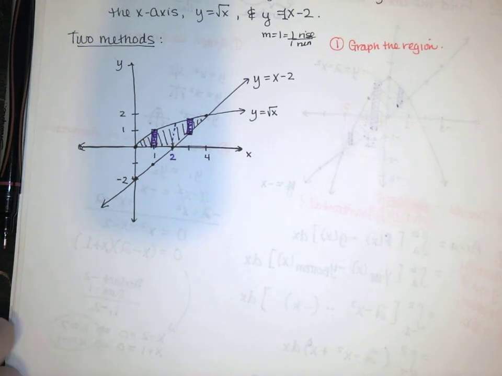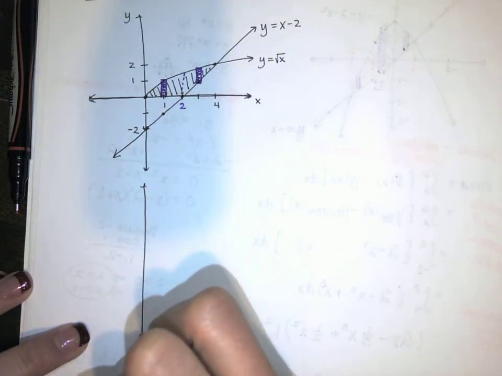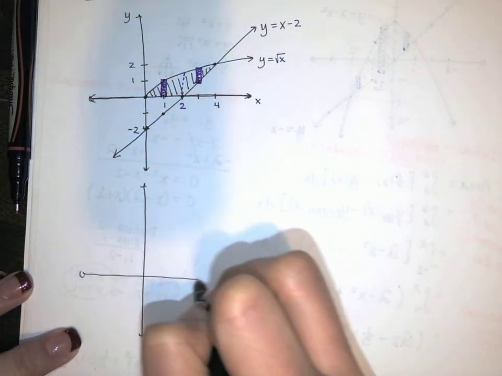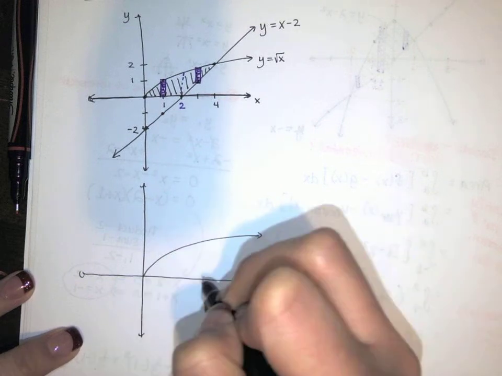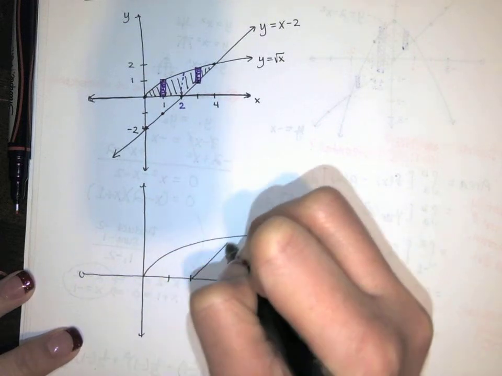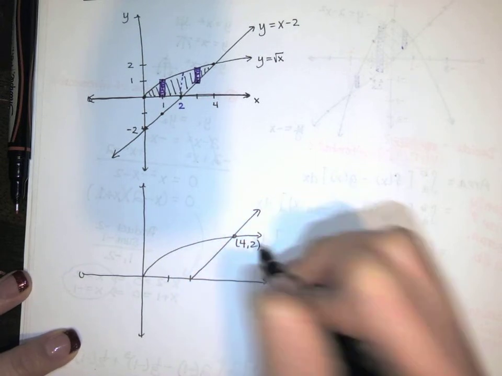Here's our other option. Same region. I'm going to be a little bit less precise this time. I know they cross at 4.